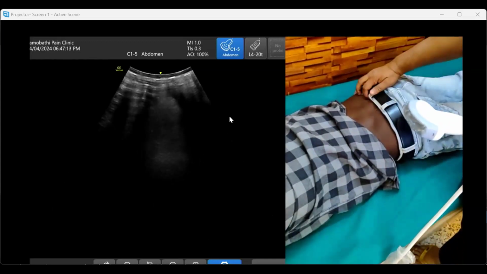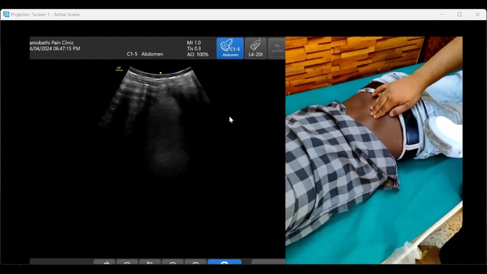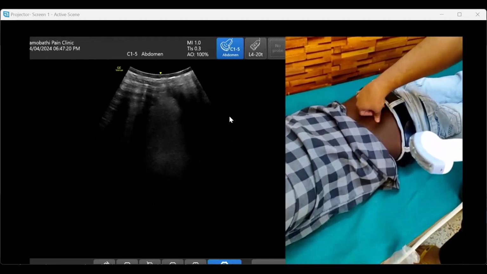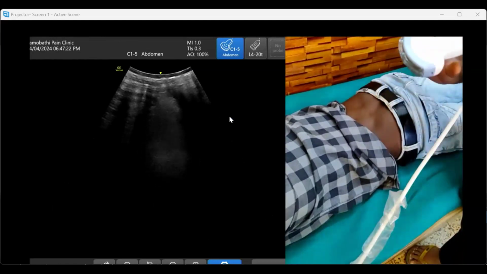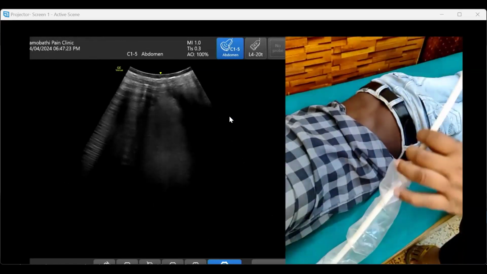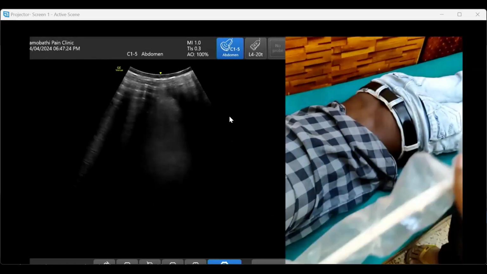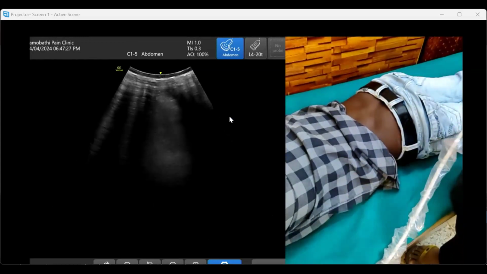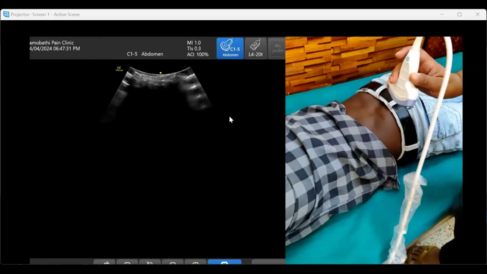So I will start scanning from the posterior superior iliac spine. I will first palpate the PSIS, then I will put the probe in such a way that the index marker is towards the lateral side.